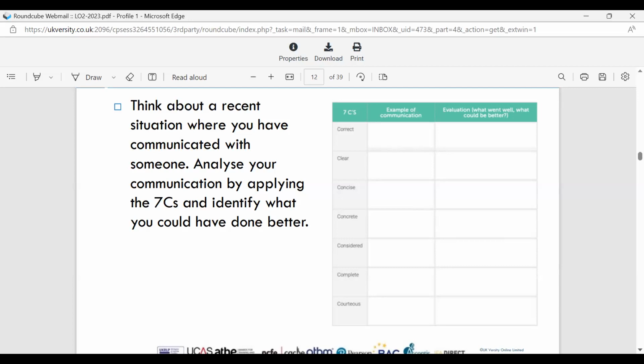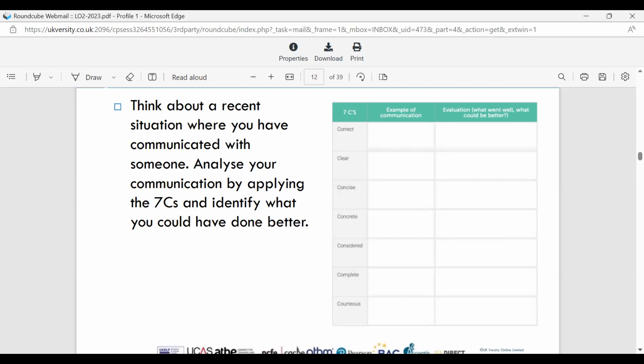Okay. And the next is concise. It should be what you are talking about. You don't have to sugarcoat it to make it too complex. It should be exactly what you want.